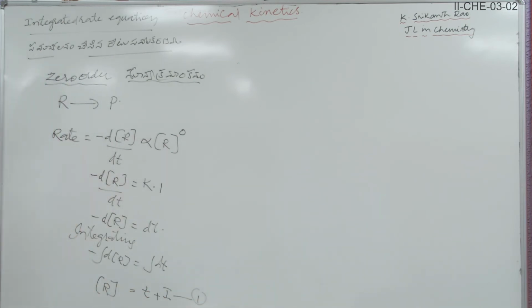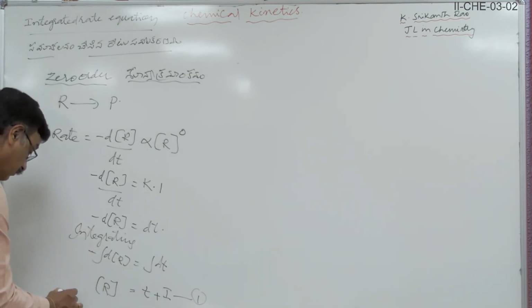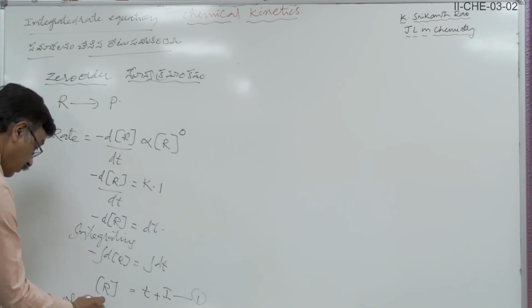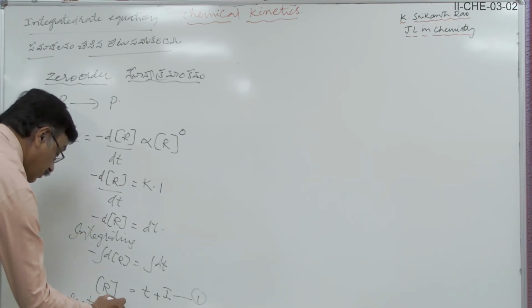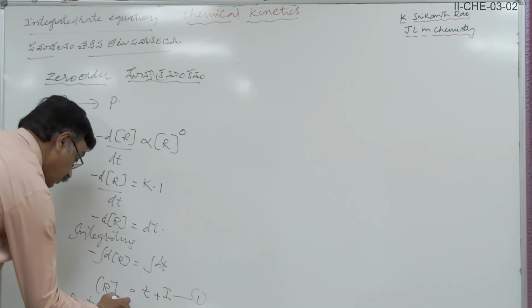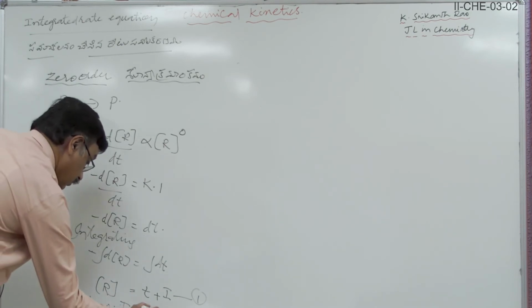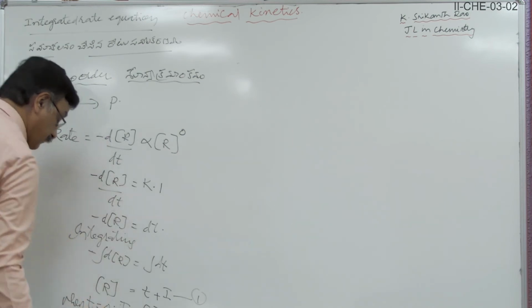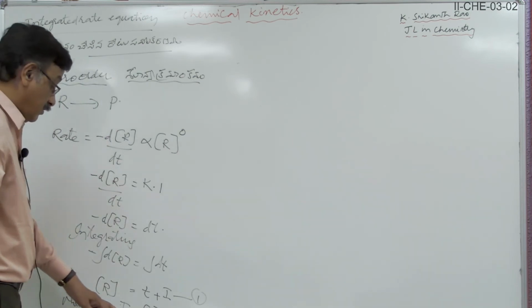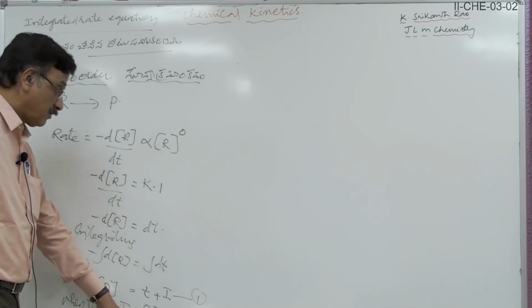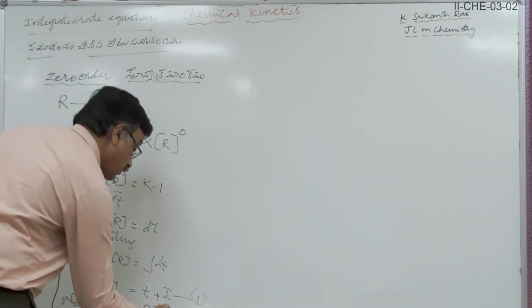A constant, when you do the integration, a constant will come, that is I, right? So when t equal to 0, R equal to R naught, that at time 0 concentration is R naught, right? So this is 2.